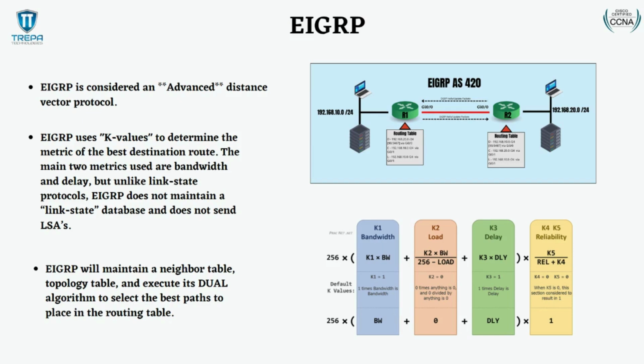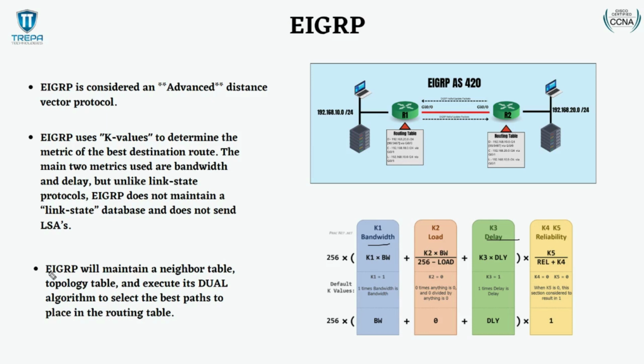So EIGRP, one thing you need to know about it is that it uses bandwidth and delay as the two major metrics to determine how it sends traffic. Because in the CCNA exam, it may ask you, okay, what is the calculation for the metric on EIGRP? You need to know that it's bandwidth and delay.